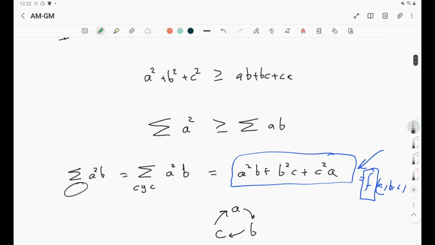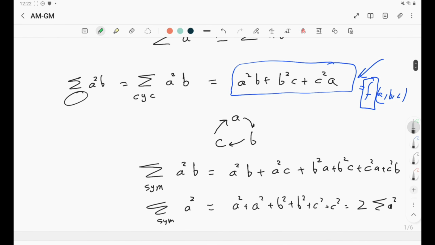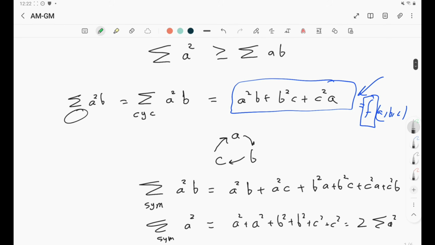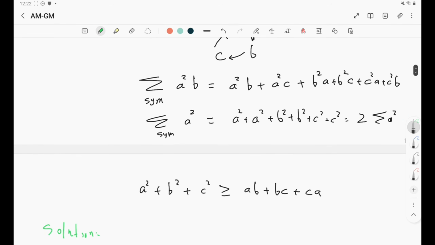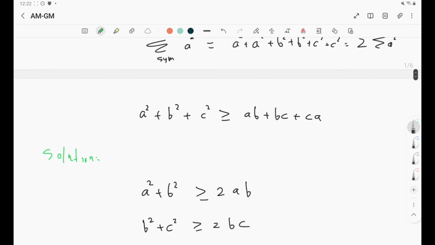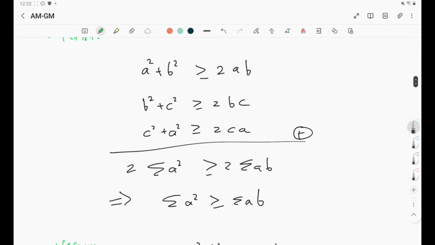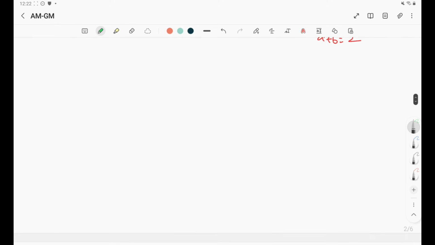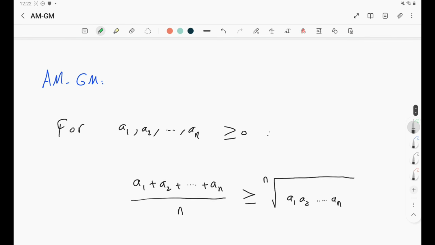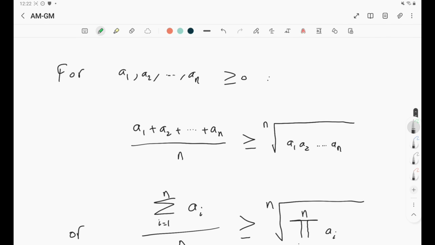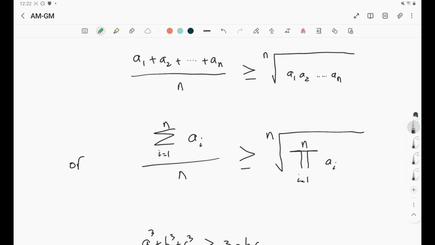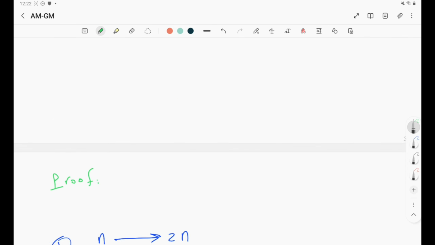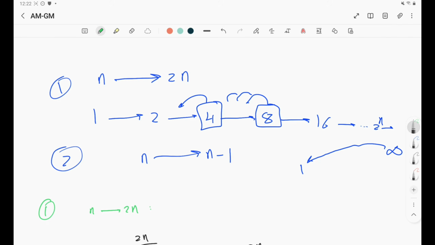We also learned about the cyclic sum and the symmetric sums, and I really want you to understand that, because it's very important in your mathematical inequalities journey. And we also discussed the AM-GM, the main generalized theorem, and of course we proved it using this nice induction proof, going from n to 2n and from n to n minus 1.